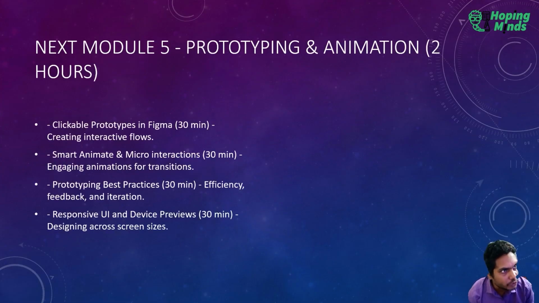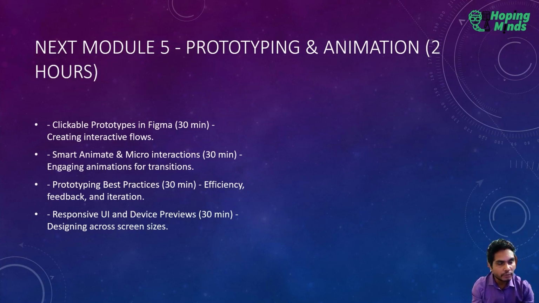So let's go ahead and see what we're going to learn next. Next is module 5, which is prototyping and animation, which is 2 hours, and that is where we will learn clickable prototypes in Figma, creating interactive flows, and smart animate, which is part of Figma technology.